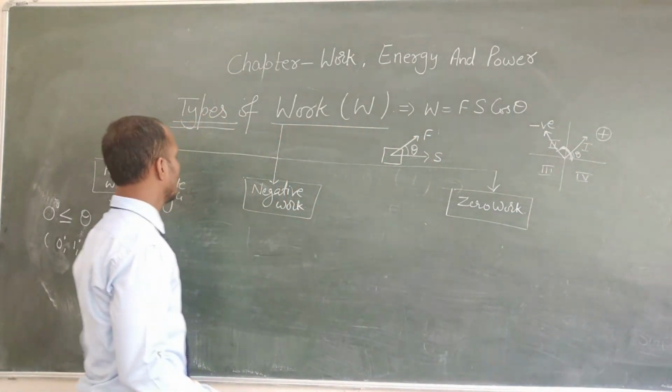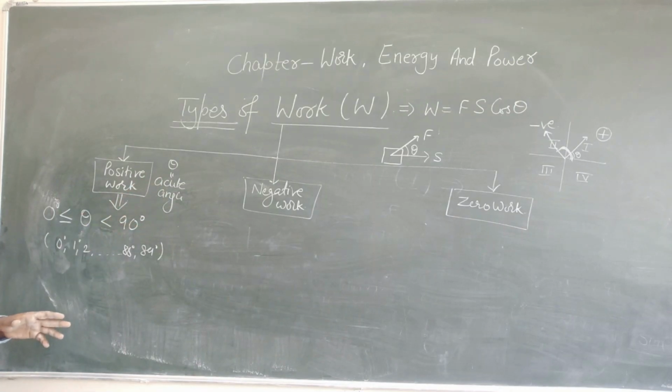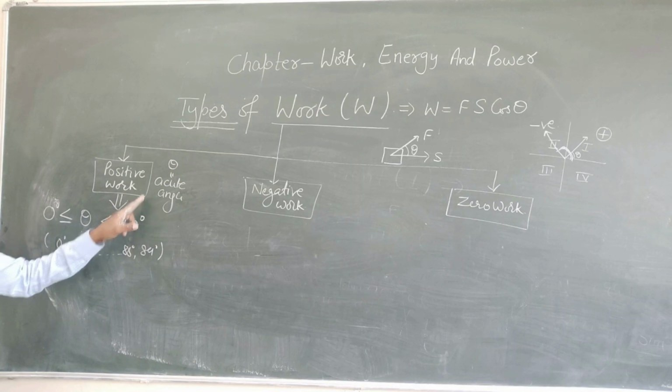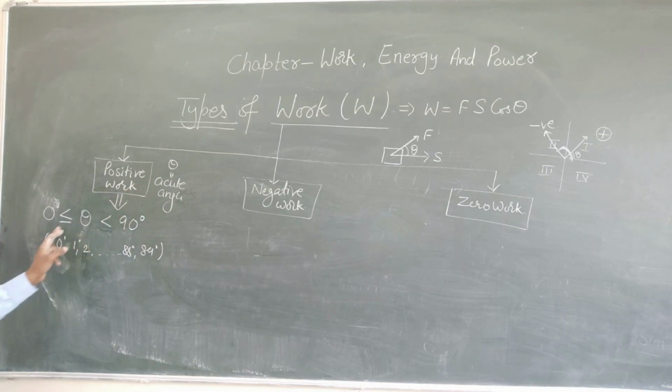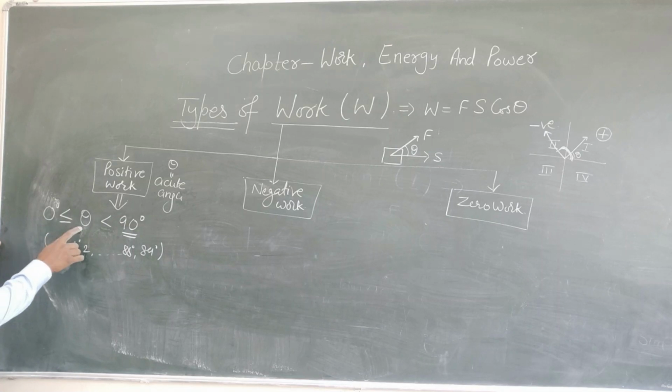That's why work is said to be positive when the angle is acute, less than 90 degree. Remember, less than 90 degree, not equal to 90 degree, but equal to or greater than 0 degree.